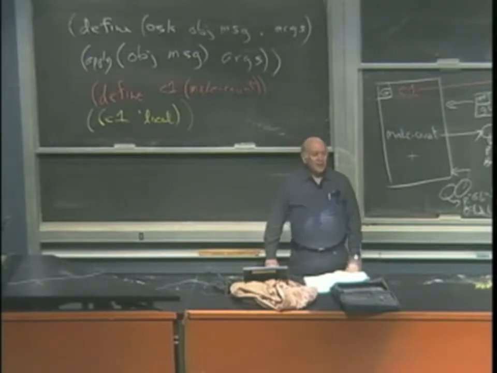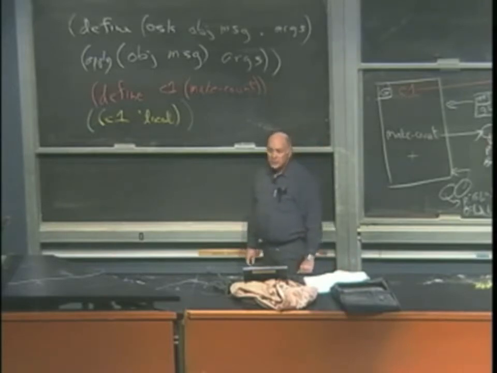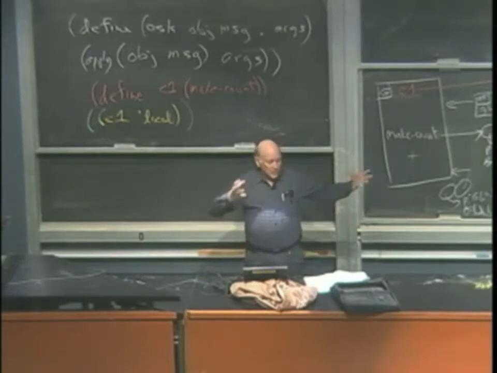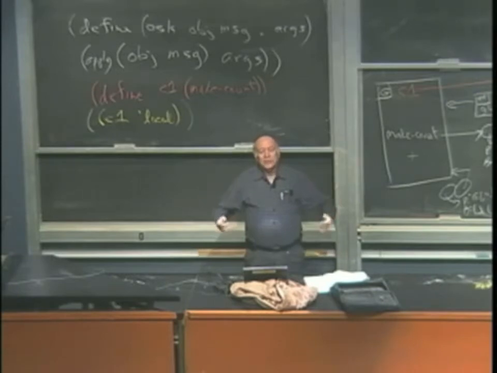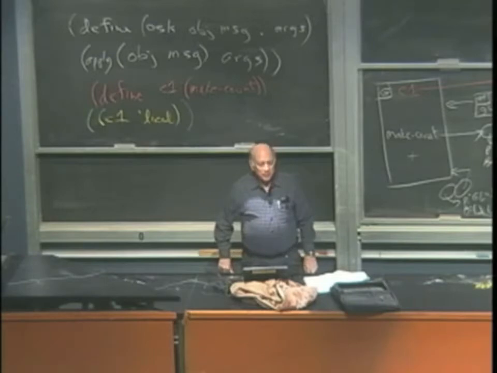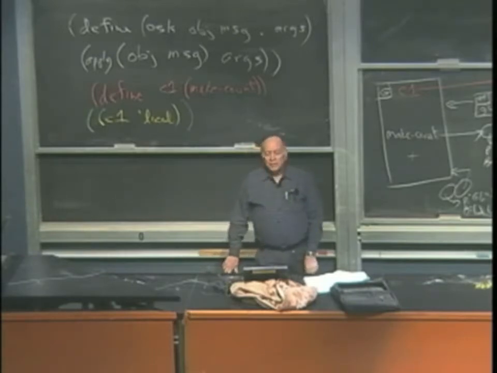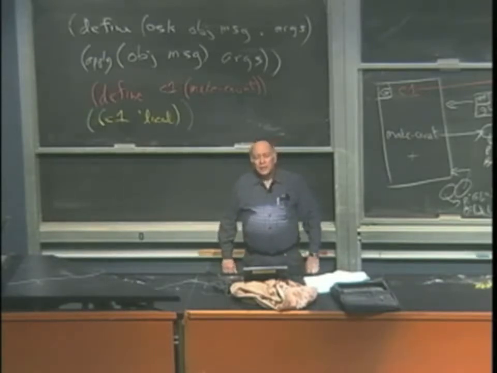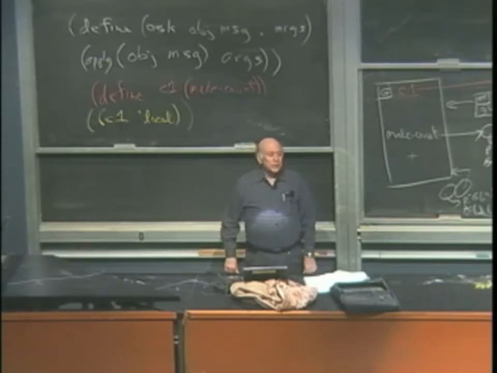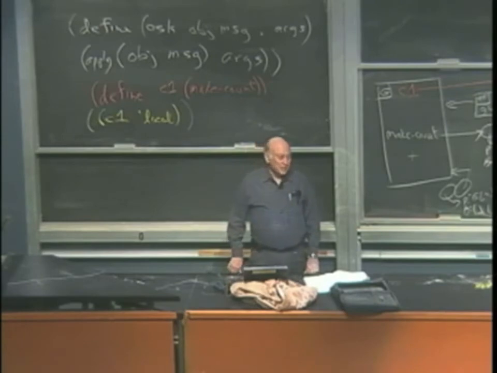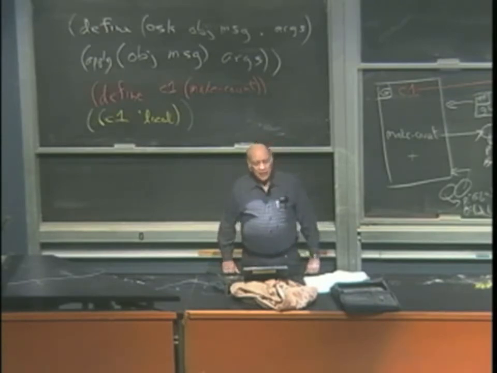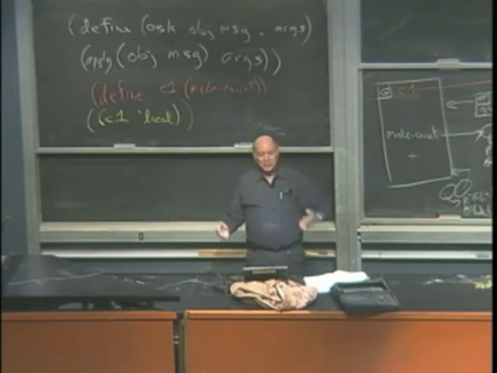So if I'm writing something like a simulation or a window system where there's a bunch of independent things in what I'm modeling, then I'm going to say, oh yeah, object-oriented programming is perfect for that. If I'm looking for the answer to a question, and the answer is sort of timeless, it doesn't depend on what happened earlier in the computation, then I'm going to say, oh, functional programming is perfect for this.